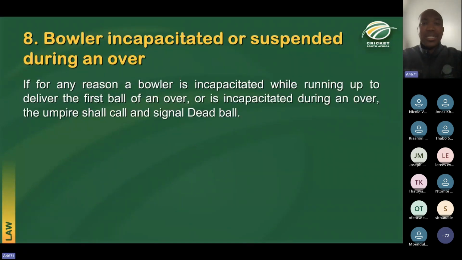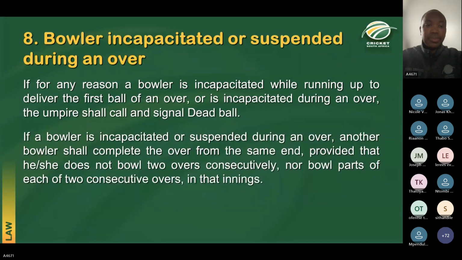So what happens when a bowler is incapacitated or suspended during an innings? Law tells us that if for any reason a bowler is incapacitated while running up to deliver the first ball of an over, or is incapacitated during an over, the umpire shall call and signal dead ball, and another bowler shall complete the over from the same end, provided that that bowler has not bowled any part of the previous over and will not bowl any part of the following over.